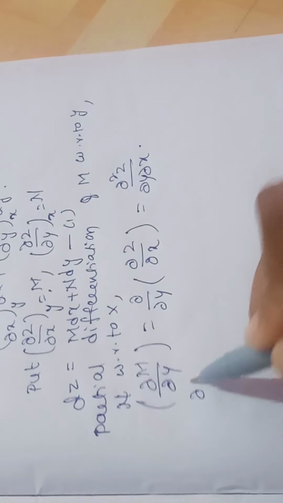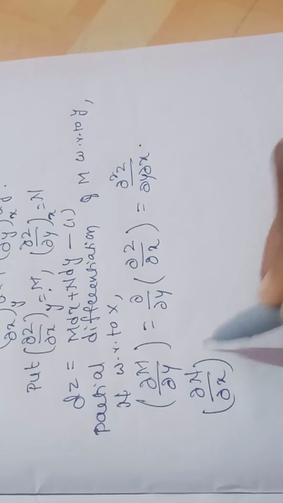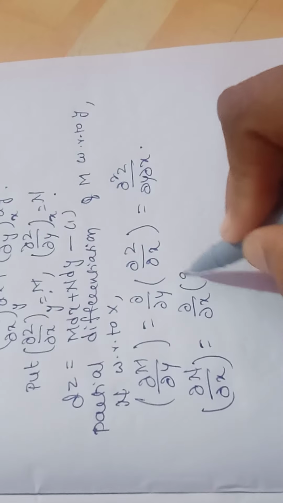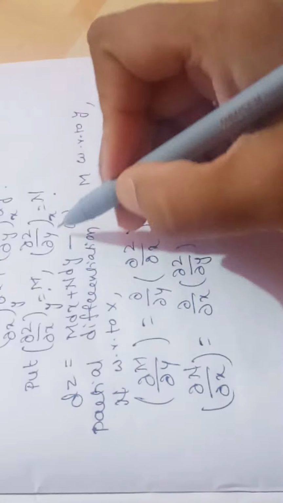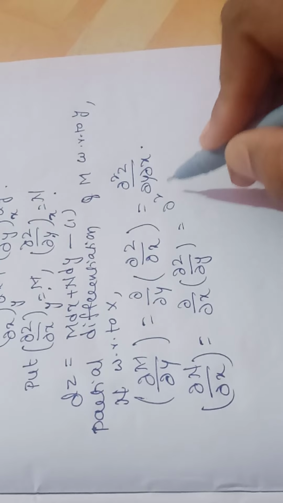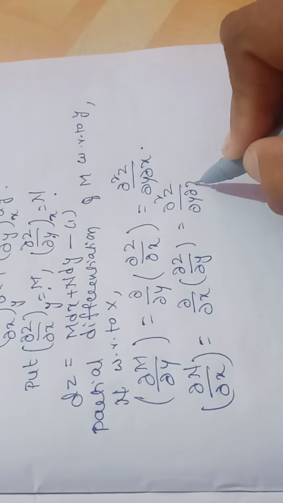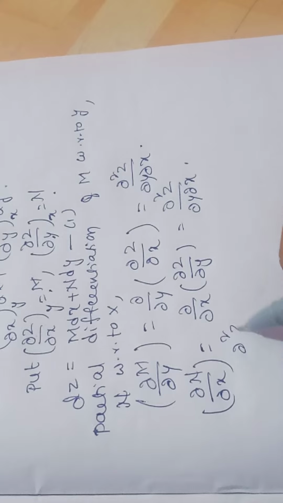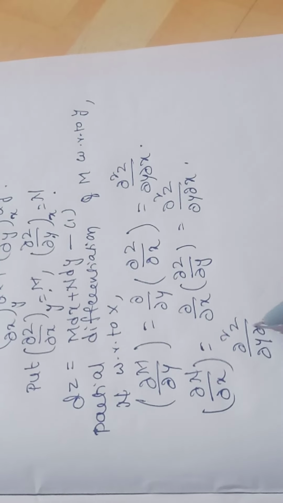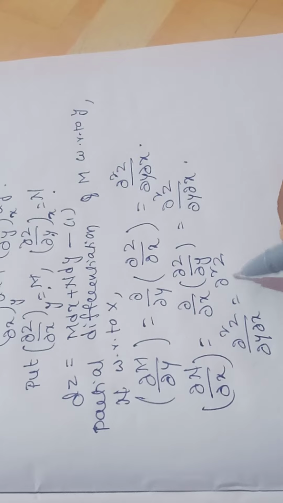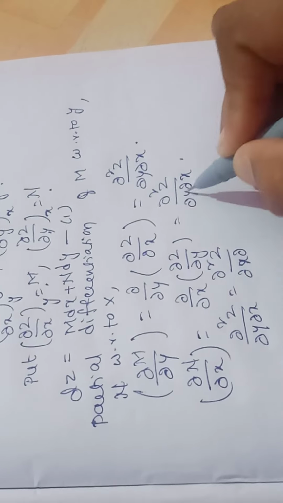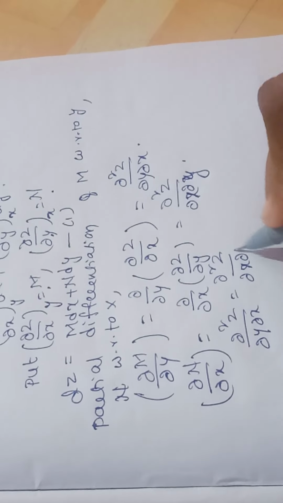Similarly, differentiating N with respect to x, we get dou by dou x of N. Now what did we write for N? Dou z by dou y. So we get dou square z by dou x dou y. As z is a perfect differential, we can write dou square z by dou y dou x is equal to dou square z by dou x dou y.